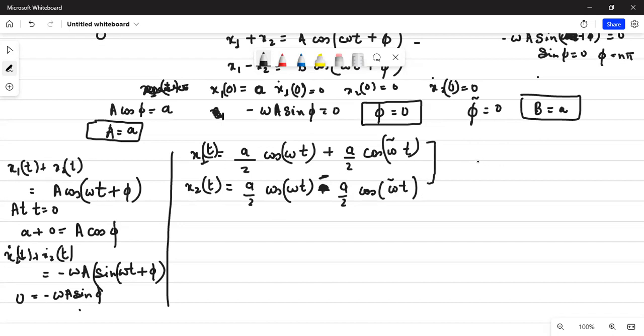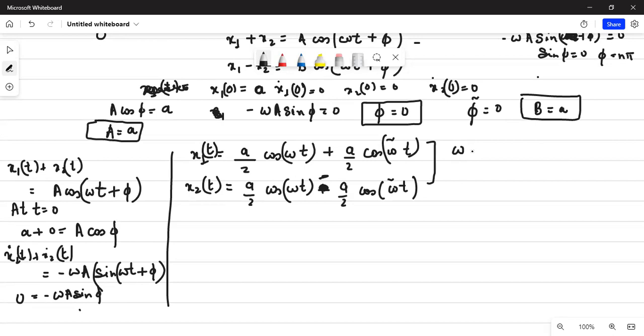There is a tradition, because later you will see that there will be an envelope to the solution, as if there is a main wave modulated by another, I'll explain all those things, but there is a certain notation that is usually taken. In many books you'll find omega f, that is omega fast, and omega s, that is omega slow. But we'll keep things simple.